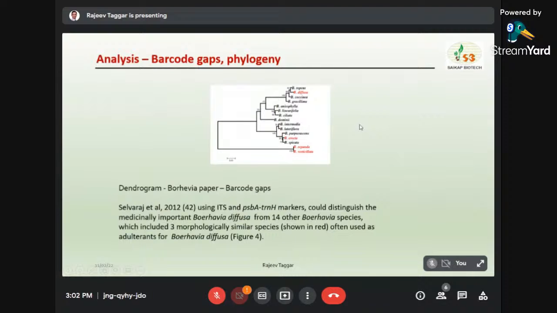If one individual of our choice is close to an identified species, we can say our individual is close to that. And if there's a conflict, that can be used to resolve conflicts. So the point I'm trying to make is that for DNA barcoding, blast hits is one criterion, and phylogeny, making dendrograms, is another criterion.